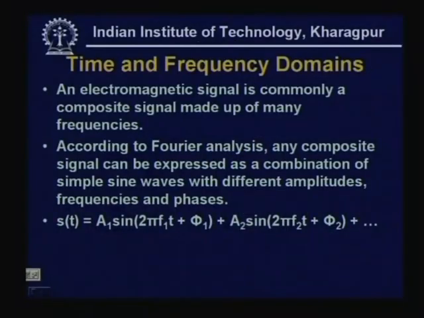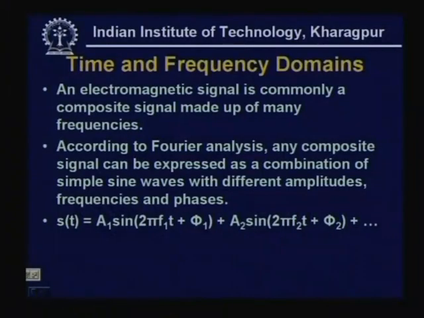However, whenever you vary the amplitude, phase or frequency, it becomes a composite signal, and when shown on the oscilloscope, it does not convey much meaning to us. In such a situation, it is better to have the frequency domain representation of the signal.